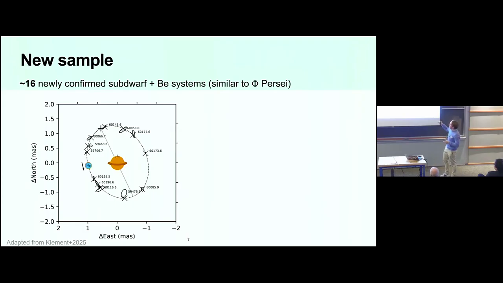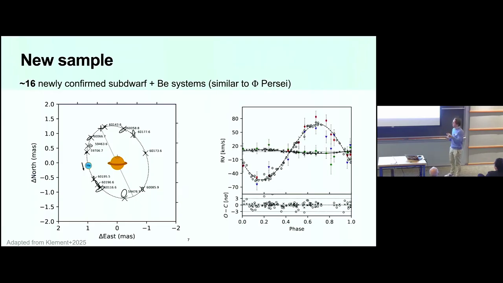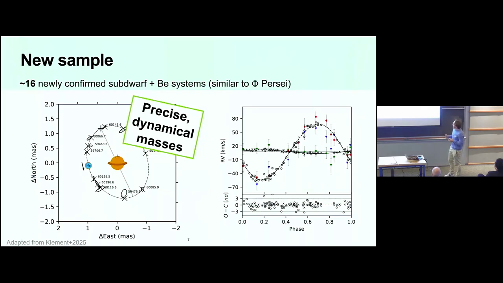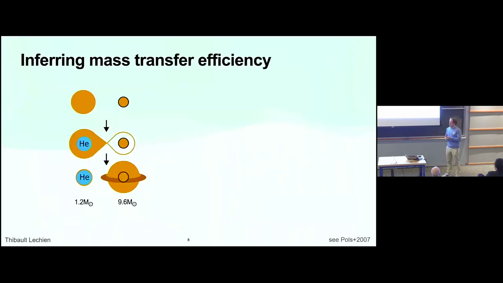And we actually are able to resolve in 3D the orbits of the subdwarf around the BE star. And if we can do that, we can get very precise mass estimates of both components in the system. And if we have these precise dynamical masses, we can use that to infer information about the stable mass transfer channel and the initial states of the systems.